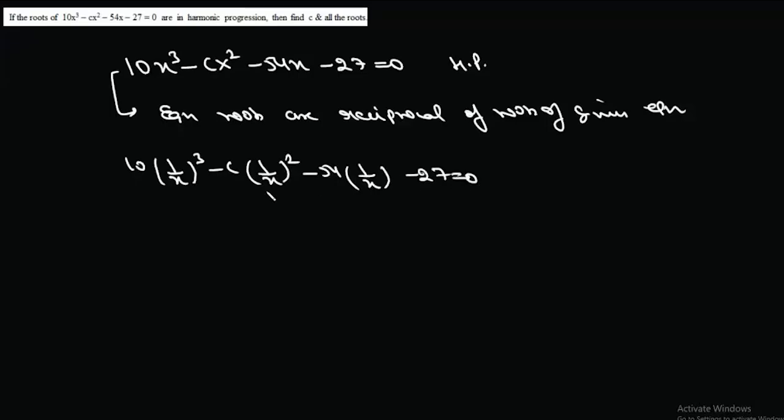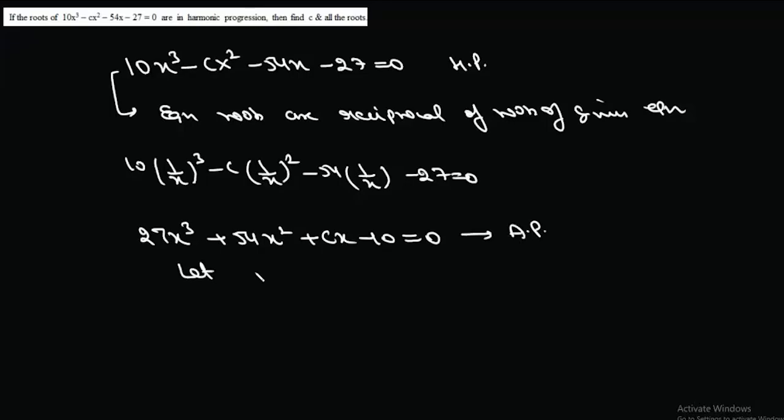Now if we simplify and rearrange, we'll get this as 27x cube plus 54x square plus cx minus 10 equals 0. Now since its roots are reciprocal to the roots of the given equation, the roots of this equation are in AP, and let these roots be a minus d, a, and a plus d.